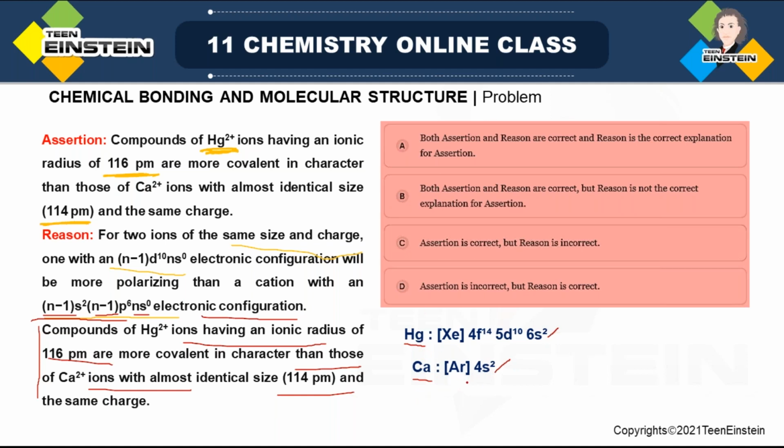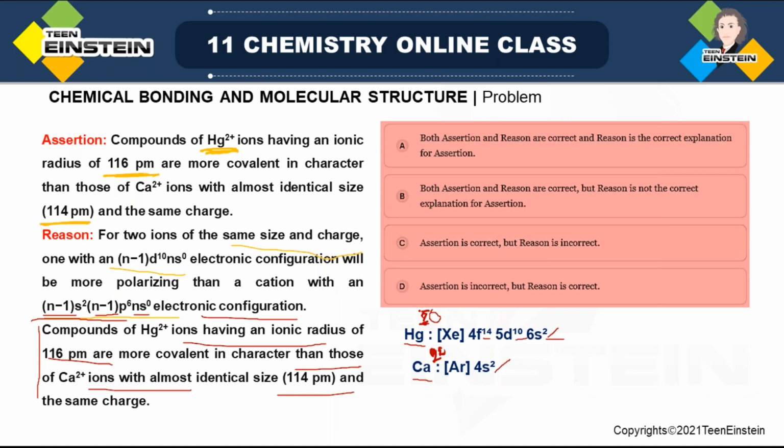Sorry, argon is 18, so with 2 extra electrons it is 20. And Hg is 80. After xenon, which has atomic number 54, there will be 14 plus 10, that is 24, and 2 more, that is 26. 54 plus 26 is 80.